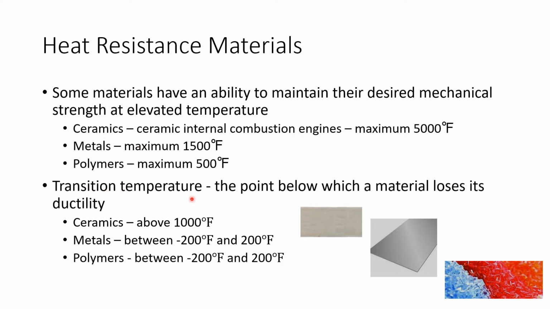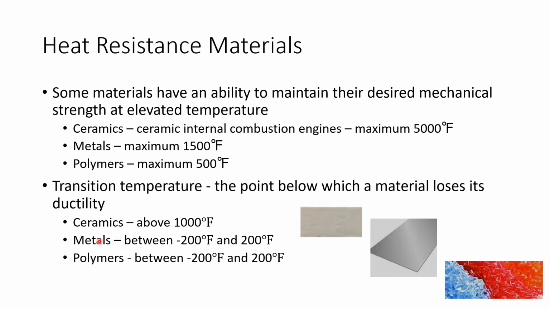So transition temperature is just a point below which the material is going to lose its ductility. So for ceramic it is above 1000 degrees Fahrenheit. Metals is between minus 200 degrees Fahrenheit and 200 degrees Fahrenheit.